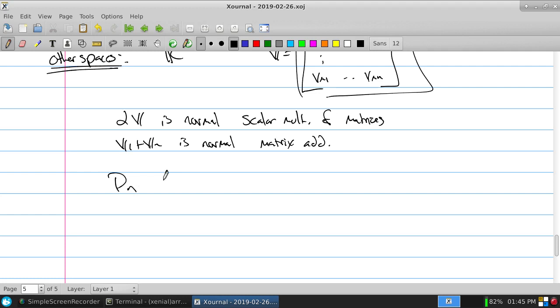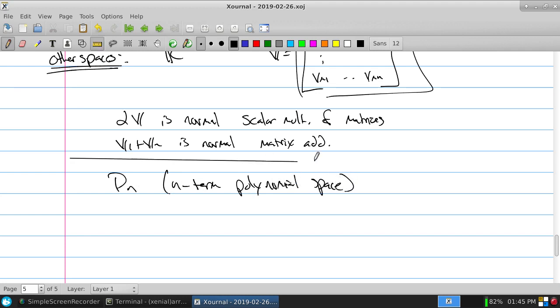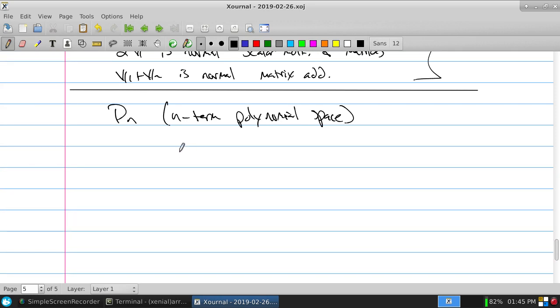Pn, which is n-term polynomial space. Actually, I'll sit on this one. Who do you think the 0 object is for matrices? Big O, right? The big O would be the 0 object. N-term polynomials look like this.